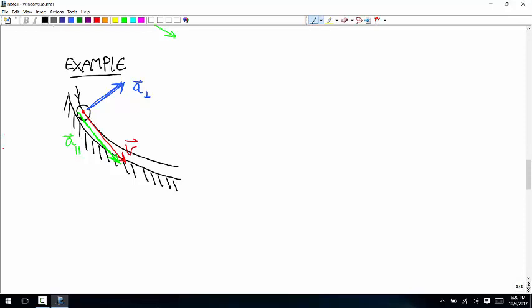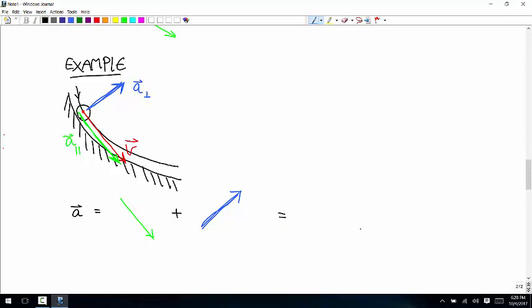And so the total acceleration vector is this plus this.